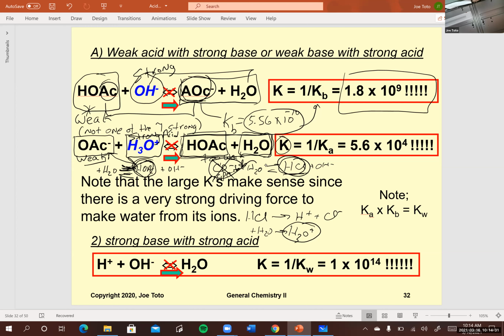Then I can calculate the K for the forward reaction as the inverse of that. And I can look this up and see that it is weak. I calculate an equilibrium constant that's very big, indicating that reaction lies way to the right. Again, I recognize that in both cases, there's a strong driving force for making water from an acid and a base when the acid or the base is strong. And it's also true when both are strong.